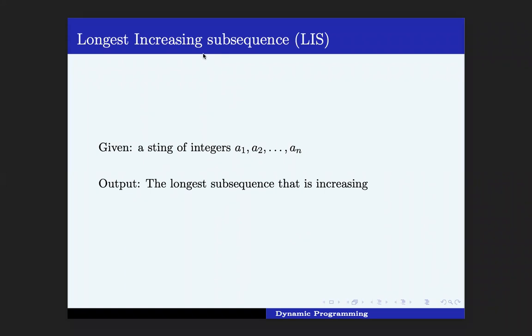So I would leave this one as an exercise for you guys to go and write down the recurrence properly, prove the correctness of the recurrence, write the dynamic programming, and try to understand what the time complexity is.